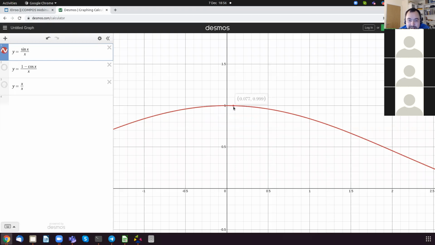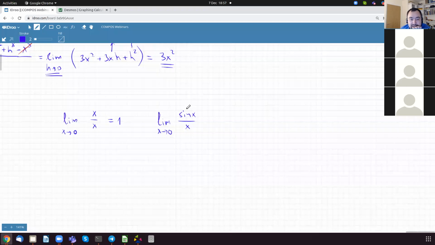When it's 0.077, it's 0.999. It gets closer and closer, except when we actually reach 0, where it is undefined again. But we can safely say that the closer we get to 0, the closer we get to 1. That is, the limit of sine x over x is 1.